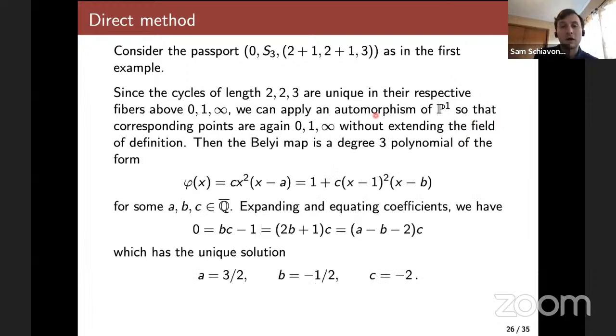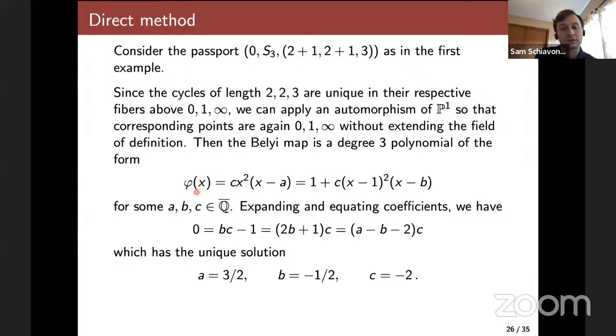Okay, so once we've made this normalization, picking this point to be 0, this one to be 1, and this one to be infinity, then we can assume that the Belyi map is a degree 3 polynomial of the following form. Since the point of ramification index 2 is at 0, we have a double root at 0, this factor of x squared, and then we have x minus a for some a.